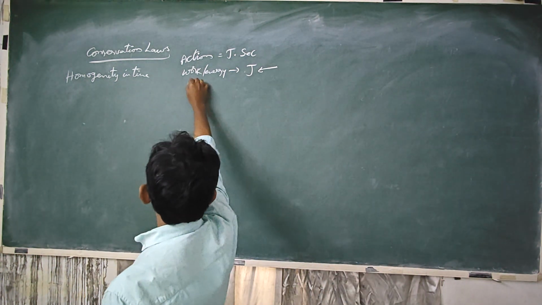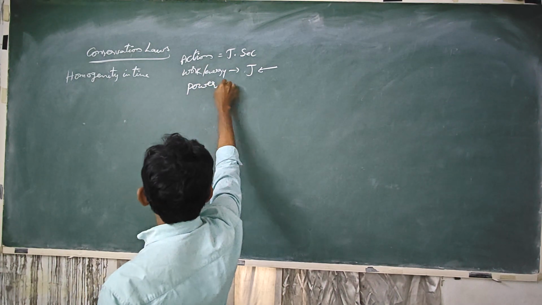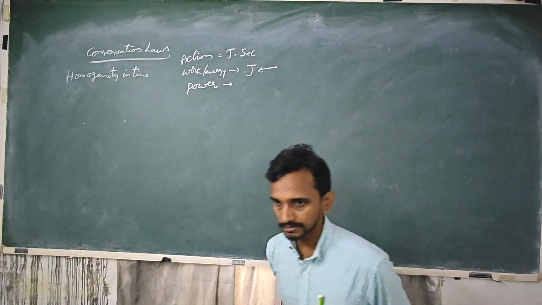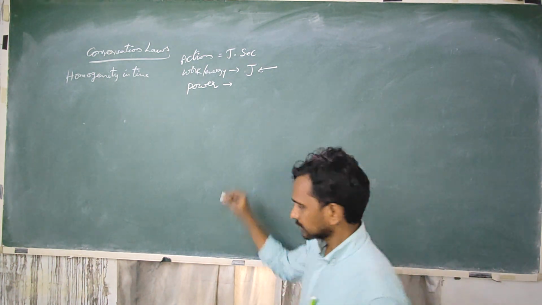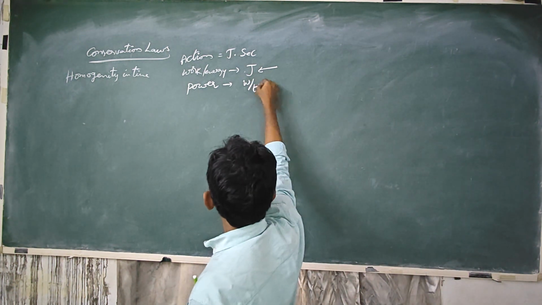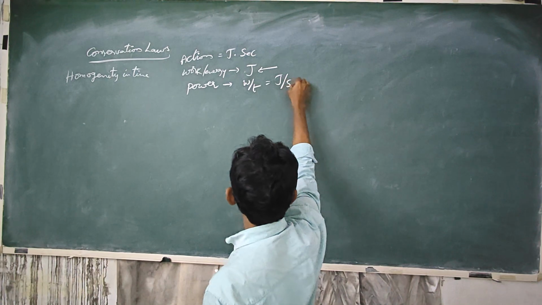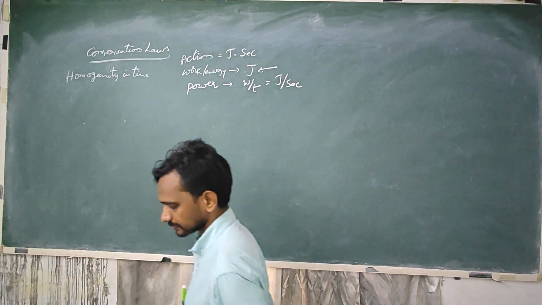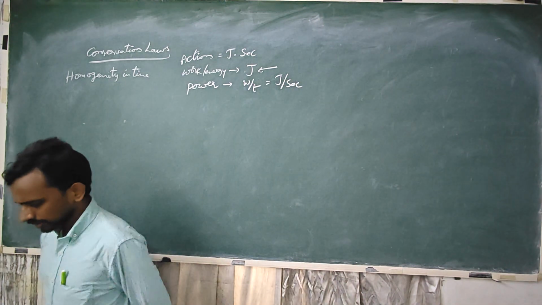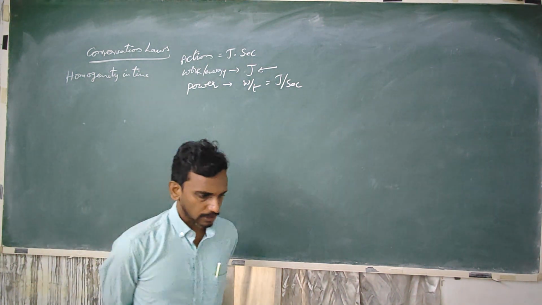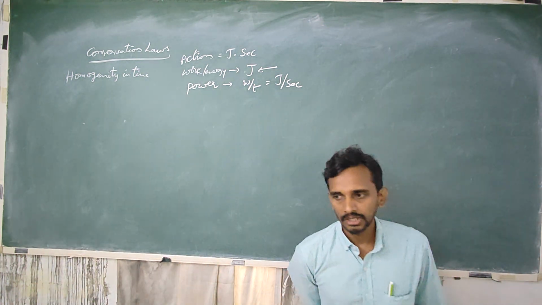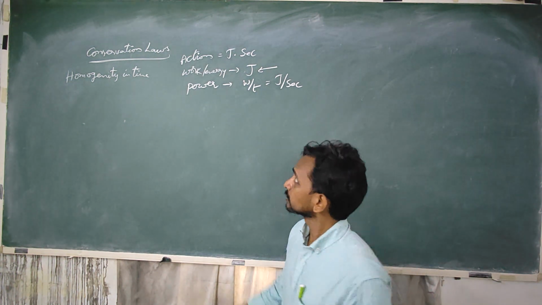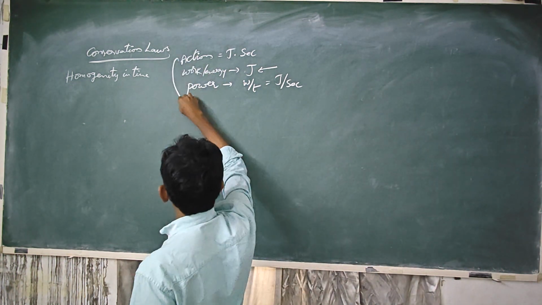And then another physical quantity is power. Power is what? Work done by time, the total amount of work done. So joules per second is the unit of power. Whenever we come across any physical activity, we must look for this action.